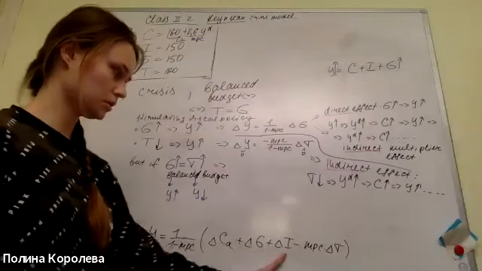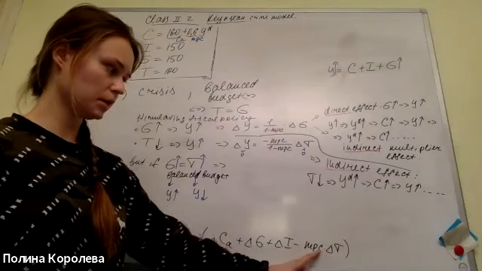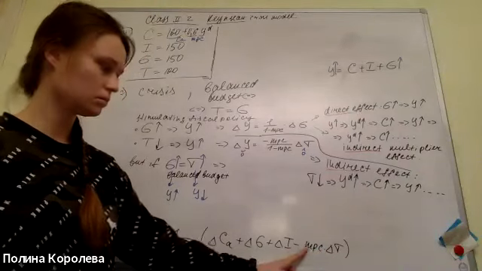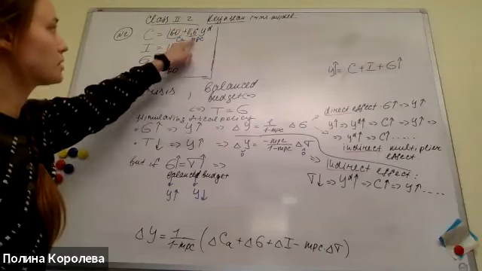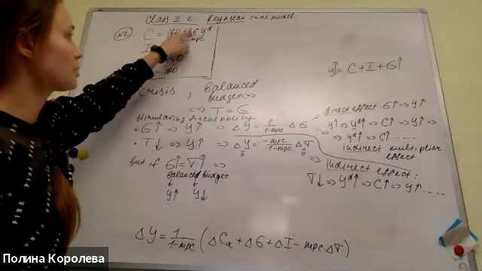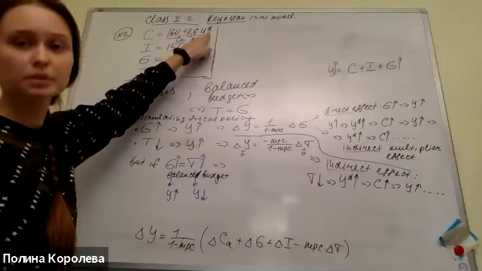Oh, I see it now. Okay, thank you. You see, we multiply marginal propensity to consume only on our disposable income.